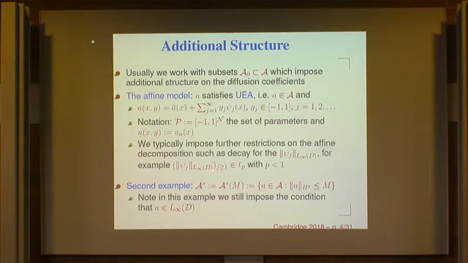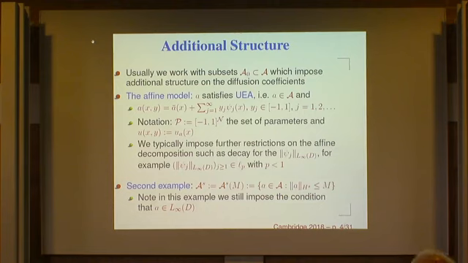So this is decaying at a rate a little faster than 1 over j. Okay? This means that if you look at the diffusion coefficient, the influence of later terms in this expansion are less and less, right? Because the norm of psi j is getting smaller and smaller.